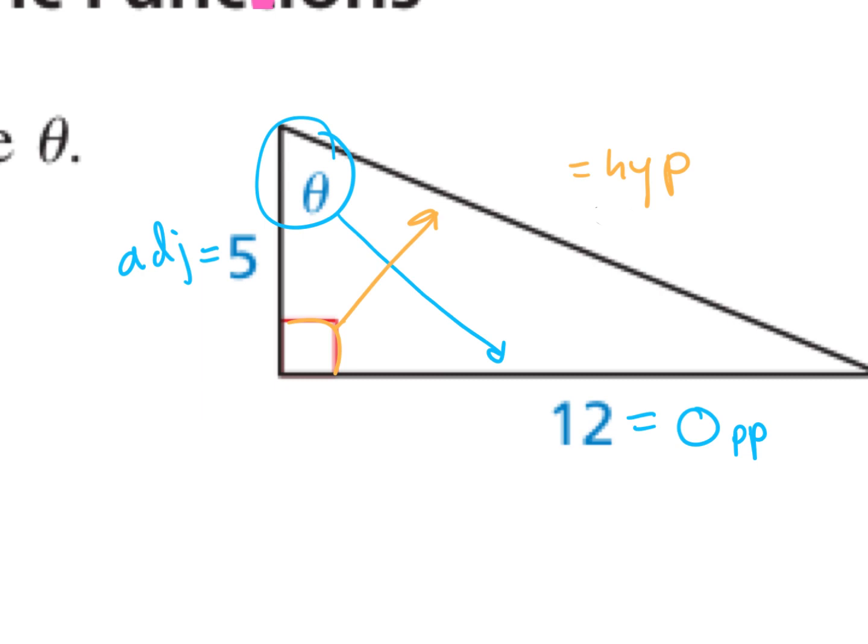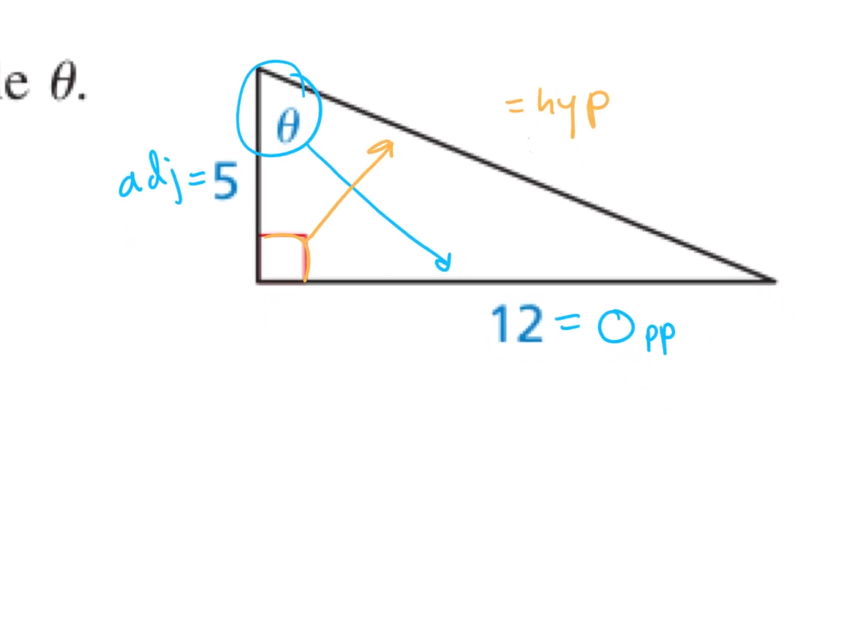There's a little formula that we can use to find it. What is it? Awesome. A squared plus B squared equals C squared. What is this formula called? Pythagorean theorem.